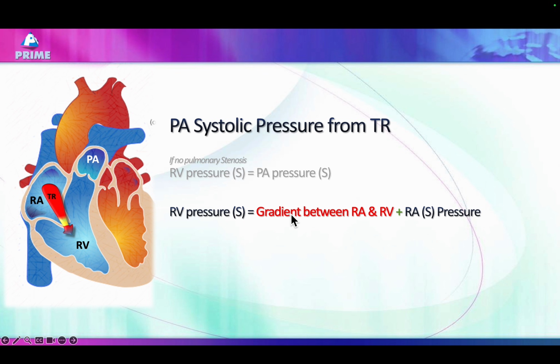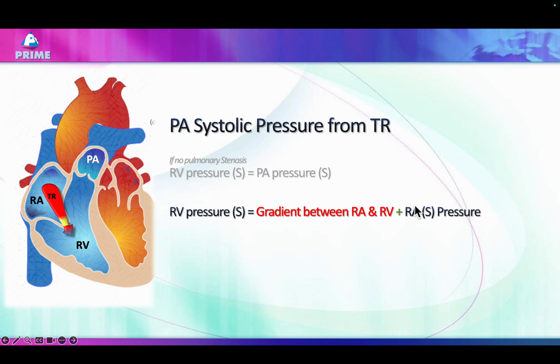RV pressure is that if we find a RA pressure, done, and if we find the difference between RA and RV pressure, and we add up these two, we would get an RV pressure. So gradient or a difference between RA and RV plus the RA pressure in systole would give me RV pressure, and if I get an RV pressure, I would get the PA pressure.